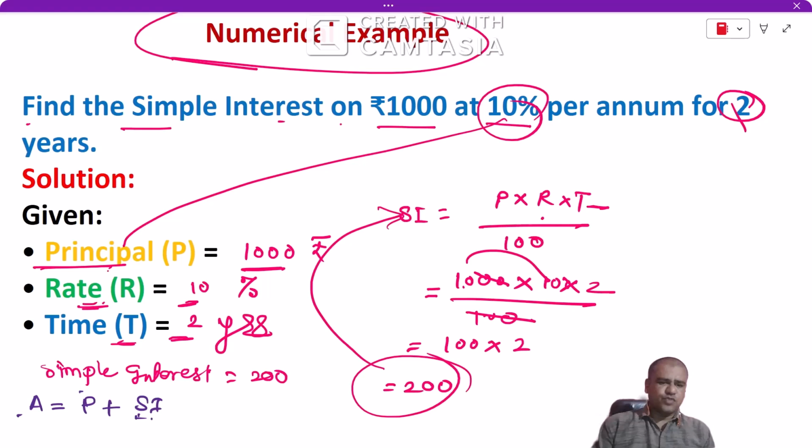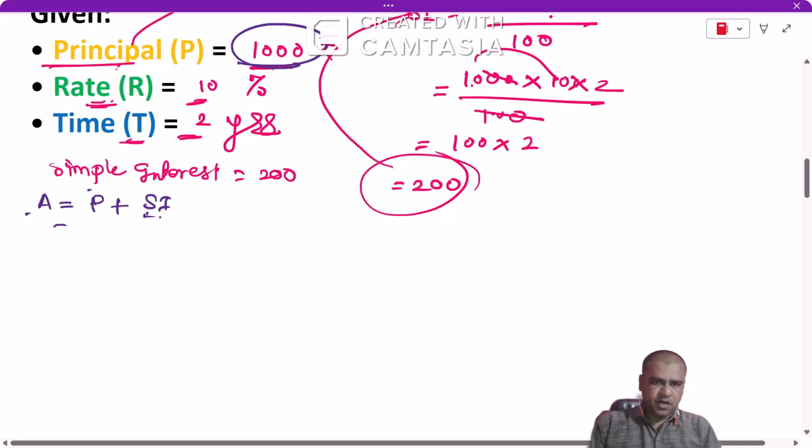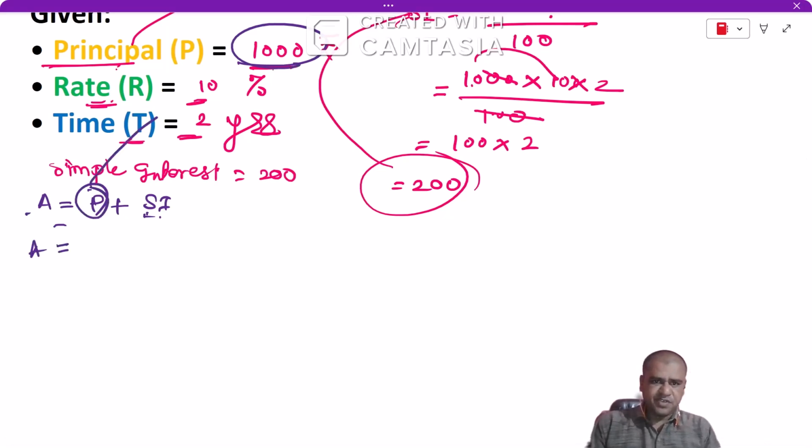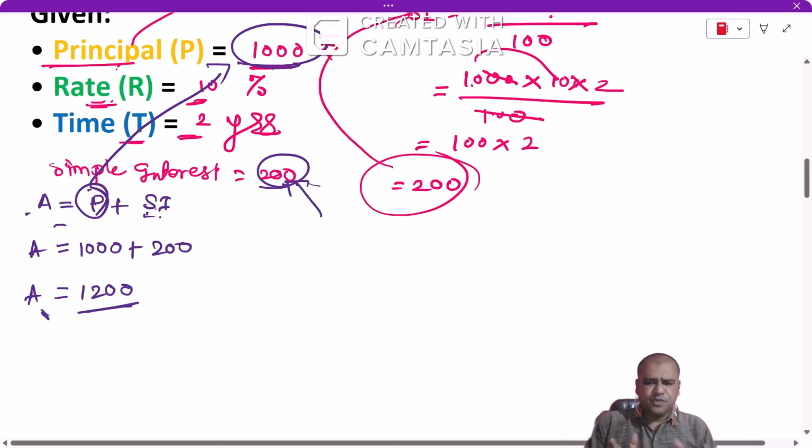Putting the values, P is 1000 and the calculated simple interest is 200, so the amount will be 1200. This is the amount and 200 is the simple interest. In this way we can easily calculate simple interest by using this very important formula.